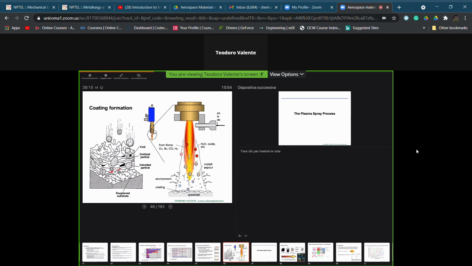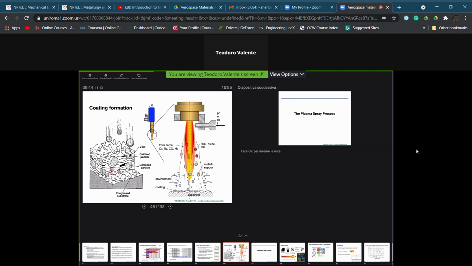So, to make a simple calculation, if we have 50 microns as average diameter, and we put our attention on that, the single splat after impact has a height of about 10 micrometers, okay?